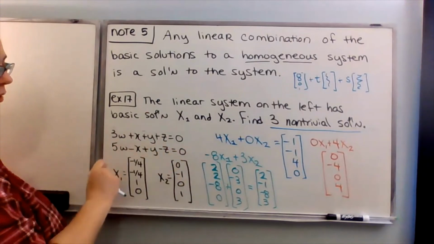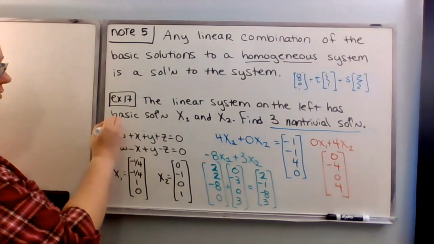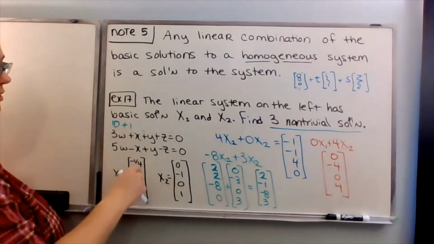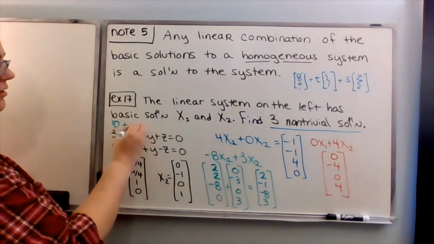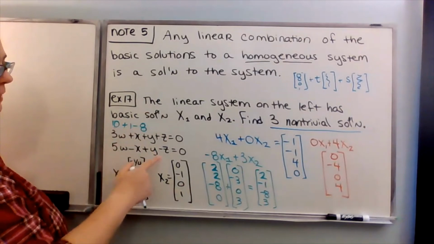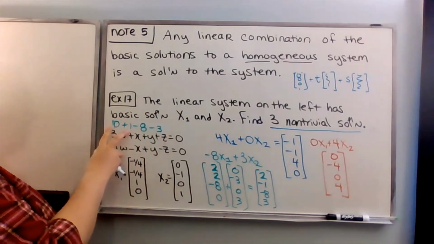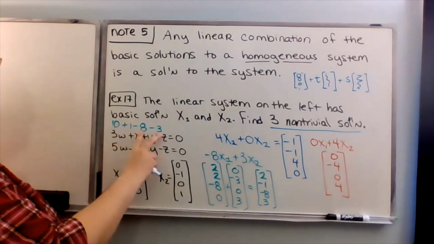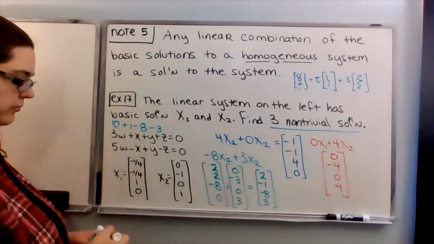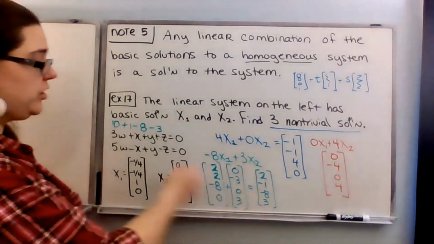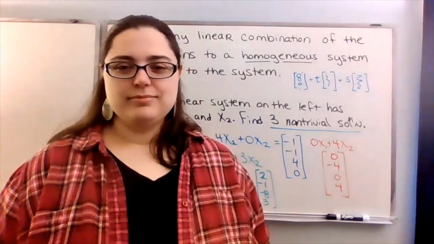And in my second equation, 5 times 2 is 10. Minus -1 is +1. Plus -8 is -8. And then -3. So let's see, this is 11, that's -11. We get 0. So this is another non-trivial solution to this system.